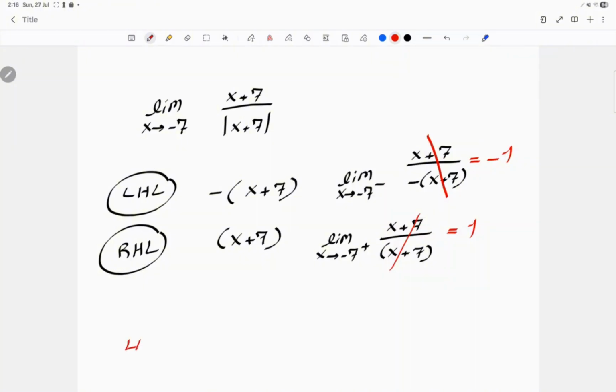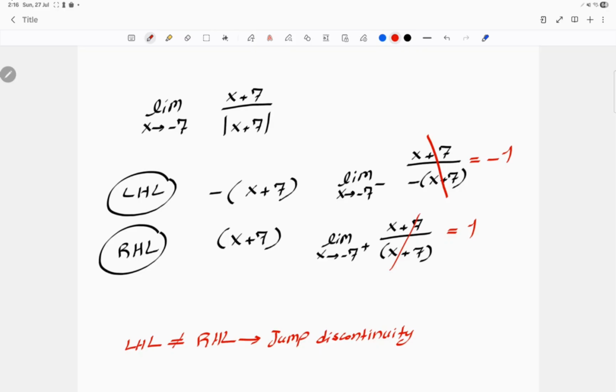So we're going to say left-hand limit is not the same as the right-hand limit, and we have a jump discontinuity. Okay? Good. Okay.